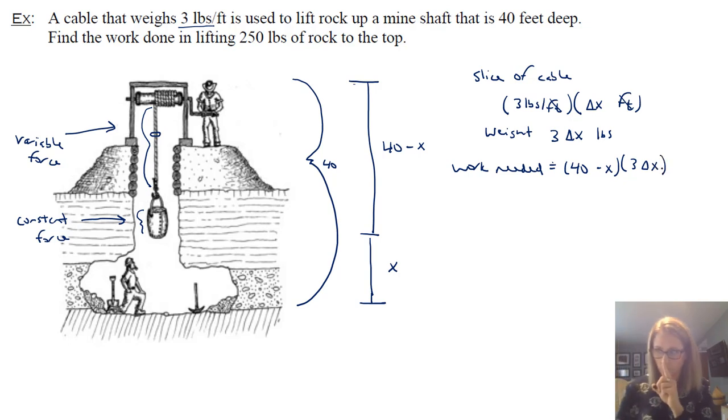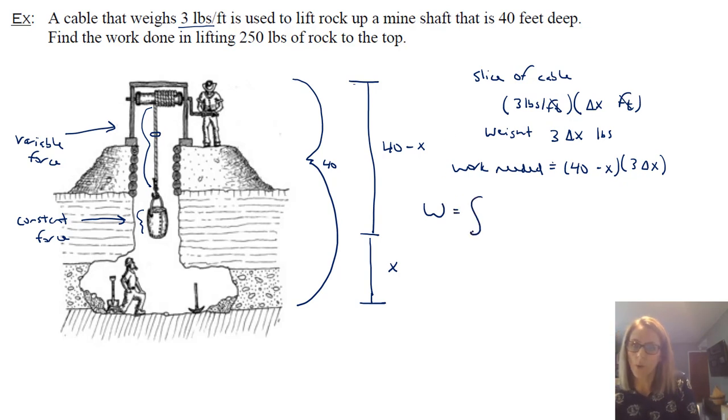There you go. Now this is coming back from the first page. If you look at the first page, we're talking about work being force times distance. So that's where this is coming from. That's how we ended up with this piece. However, we don't have it yet because we actually need to integrate this. That's just for one little slice.